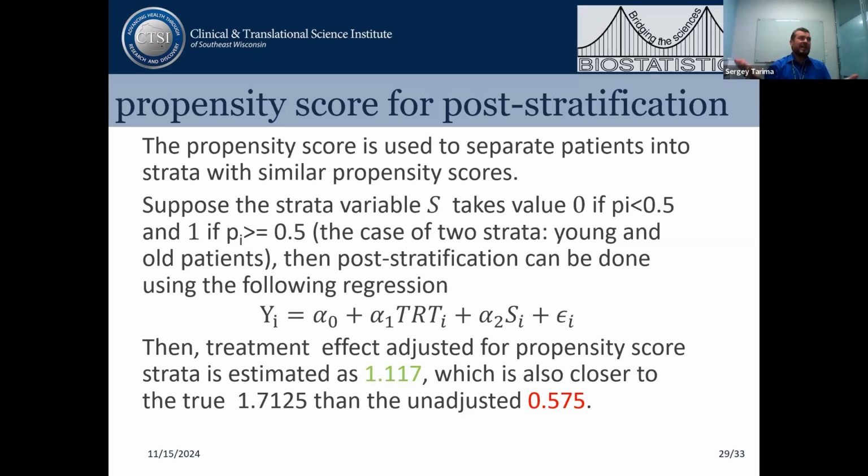In this example, since I have only 8 patients, I consider just 2 groups, propensity above 50% and below 50%, and included this binary variable in a linear regression model. Again, the treatment effect is estimated as 111. Still much better than the unadjusted analysis that ignored the effect of confounding.